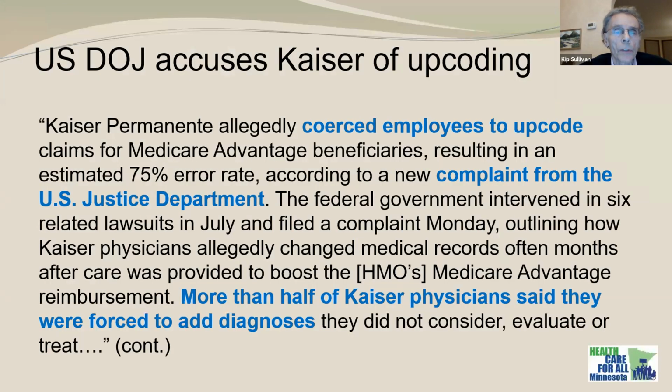The US Department of Justice is accusing Kaiser Permanente, the poster child for the HMO movement in America, of upcoding. You see here that they're accusing them of coercing employees to upcode, resulting in an error rate of about 75%. They say that more than half of Kaiser physicians said they were forced to add diagnoses they didn't consider to be appropriate.